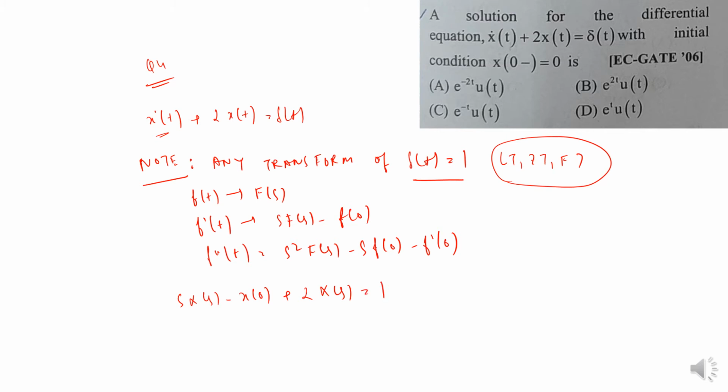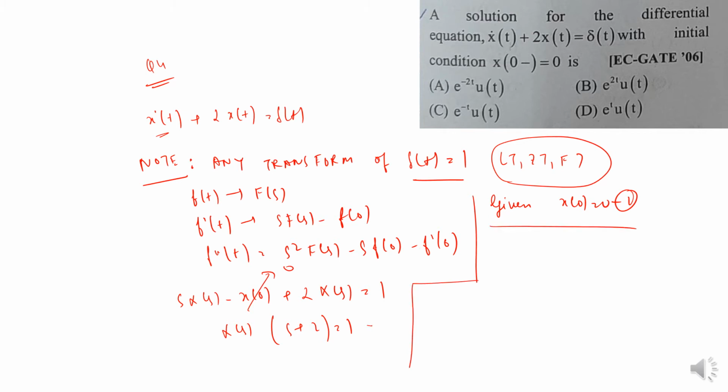Given is x of 0 is equal to 0, so this value is 0. If I take X of s as common, s plus 2 is equal to 1. Now X of s is equal to 1 by s plus 2.